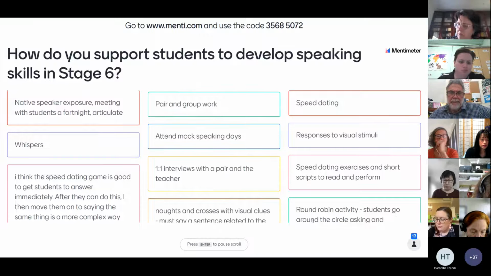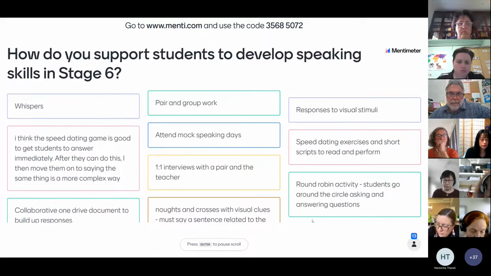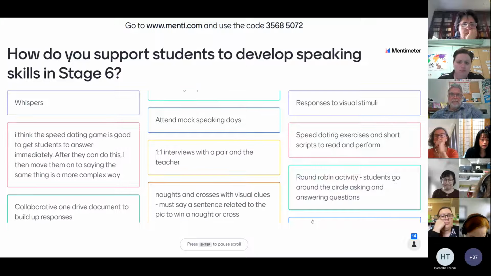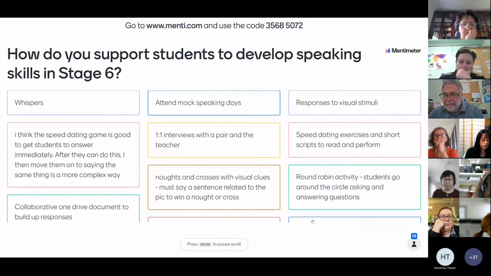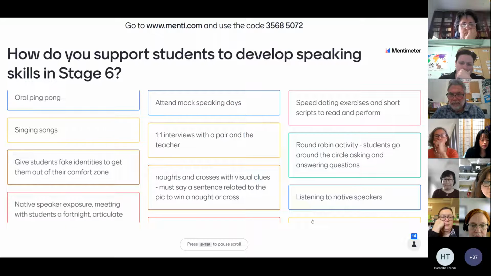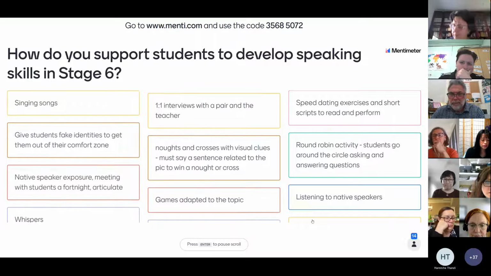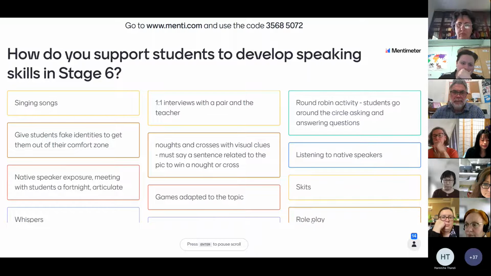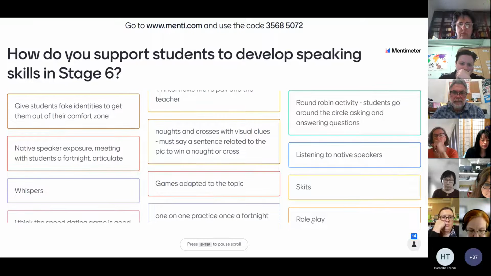Yeah, great. Speed dating and then using it to get them to answer in a more complex way. And I think activities like that, where you have an activity and then you try to present it to students so that they can do things in more complex ways, is fantastic. Just adapting activities in that way. Yep, great.